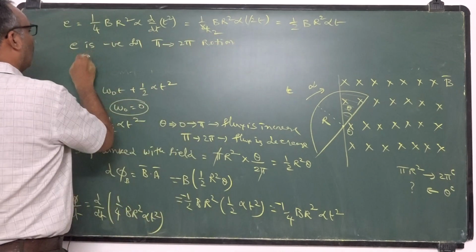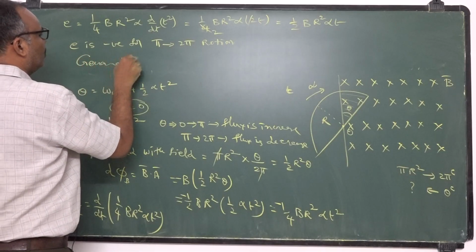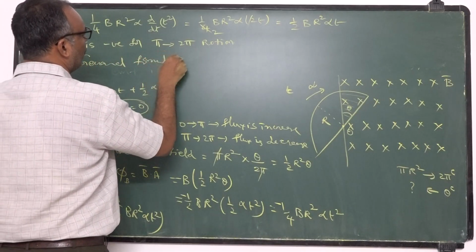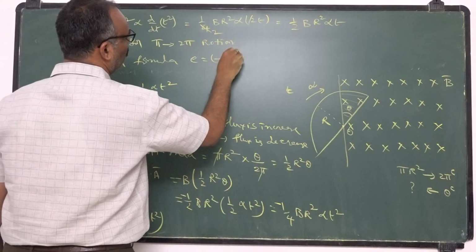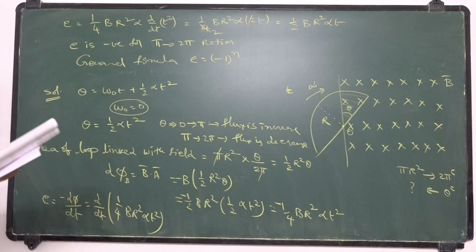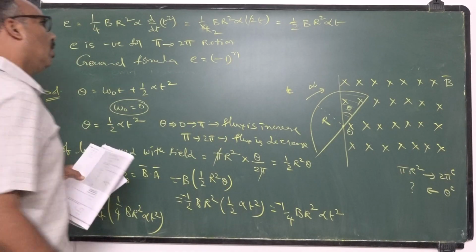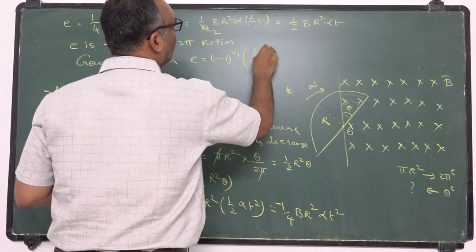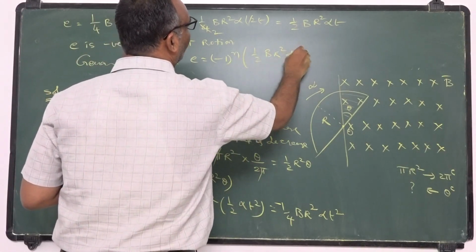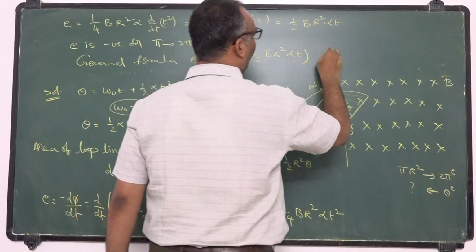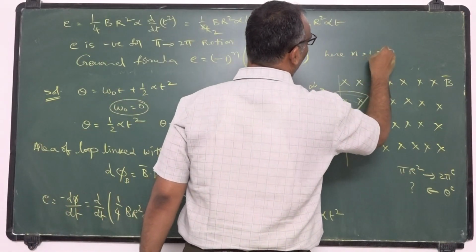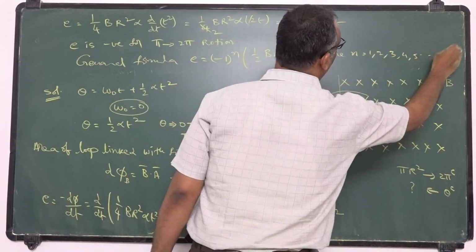Hence, the general formula for EMF I can write like minus 1 whole power n, half b r square alpha t. Here n takes values 1, 2, 3, 4, 5, something like that.